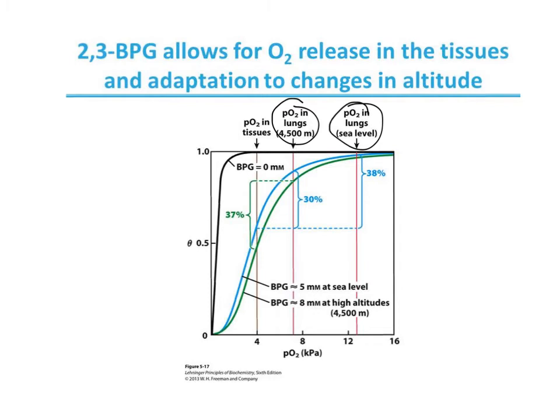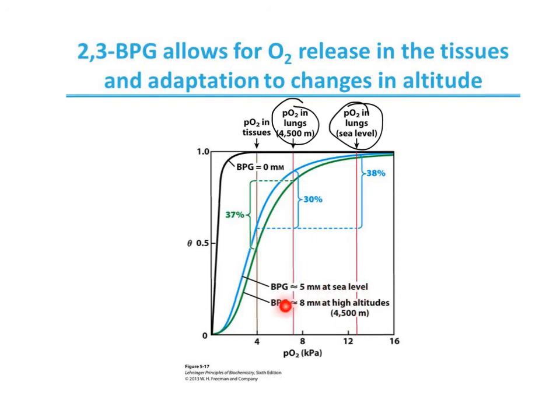If you compare the levels of BPG present in individuals at both places, after they've acclimated and been there a while and the new equilibrium of their body is reached, depending on all the stressors influencing it, then you have 8 millimolar of BPG at the higher elevation than you have at sea level.